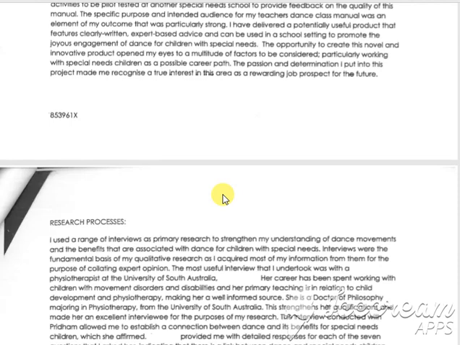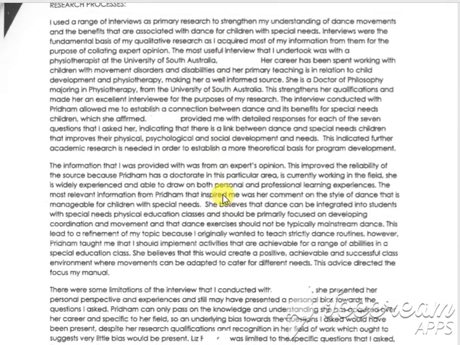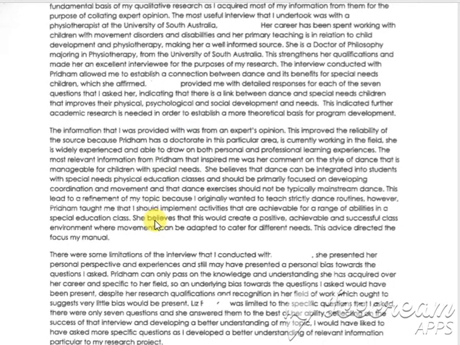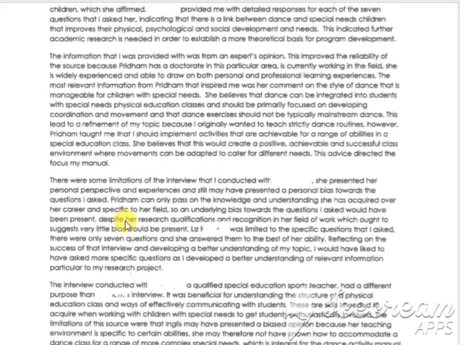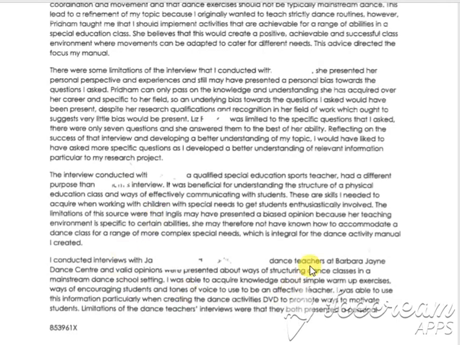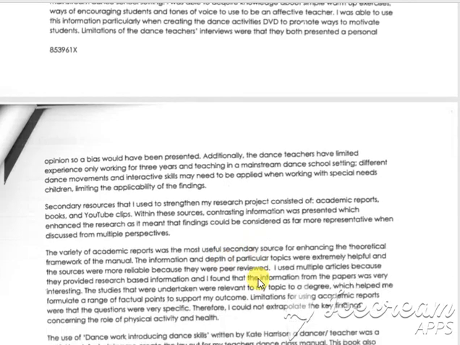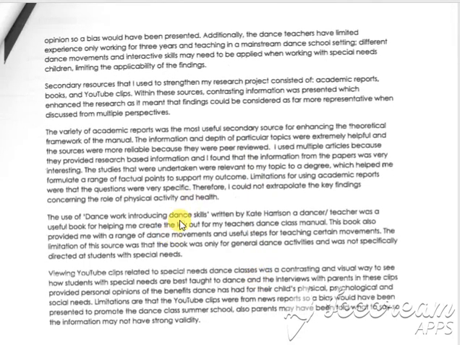We don't want repetition. So if we have a look at what she actually wrote, we can see that we have her interviews, and then the reliability of what she got out of that, and then the limitations of that, and then a special education teacher, and then more interviews with dance teachers, and then secondary research over here, and then her academic reports, and then a book, and then YouTube clips.